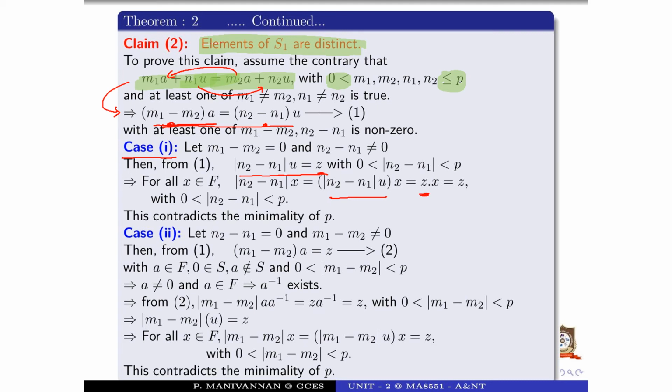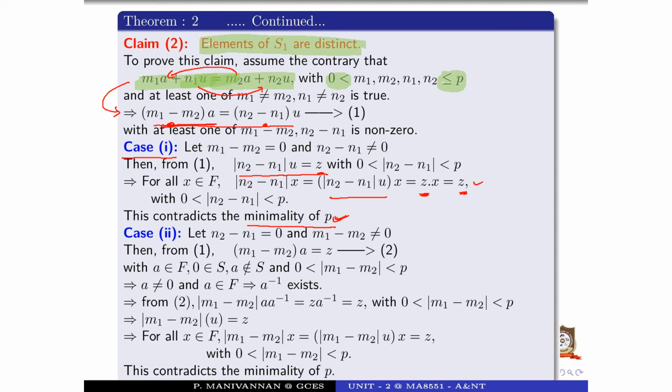Therefore, its value is 0. 0 into x is 0. It contradicts the minimality of p. Since (n2 − n1)x is equal to 0, the characteristic value of F would be n2 − n1. It is the contradiction to the minimum value of p.